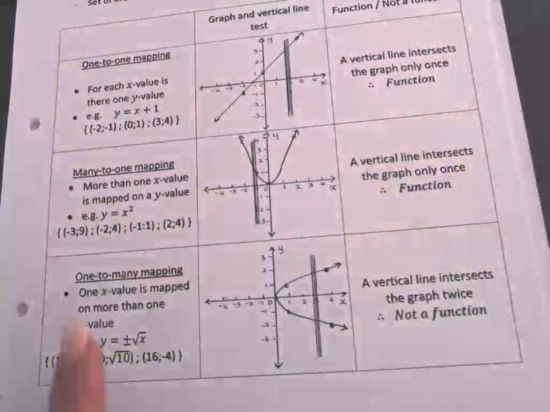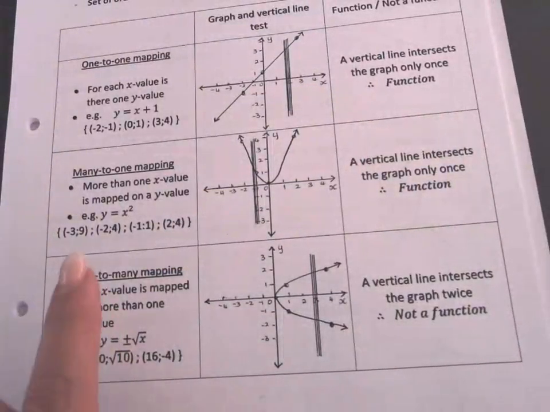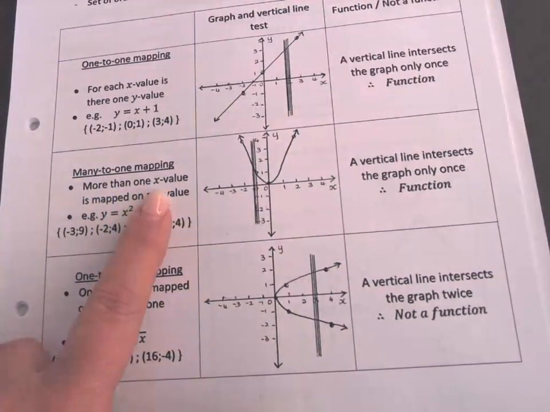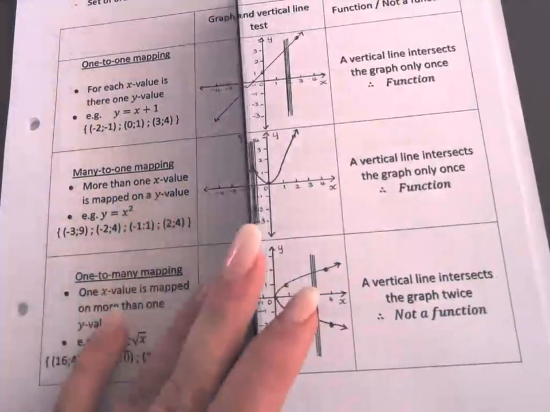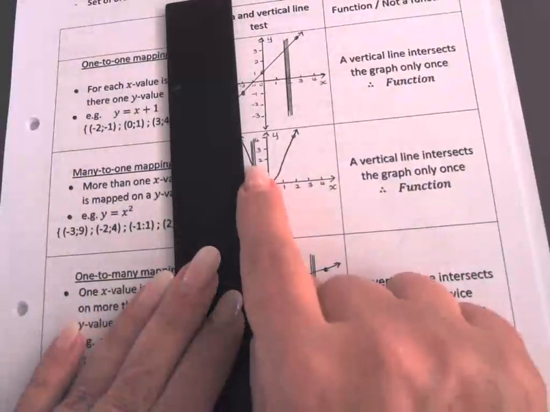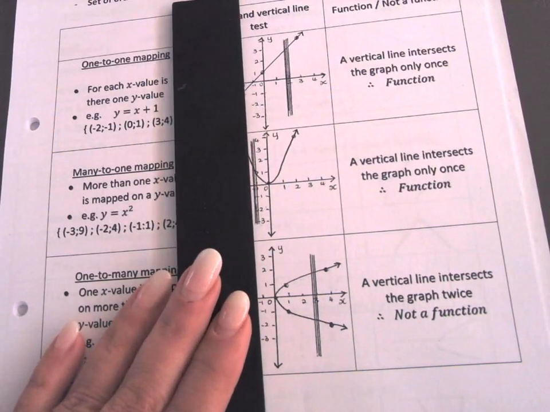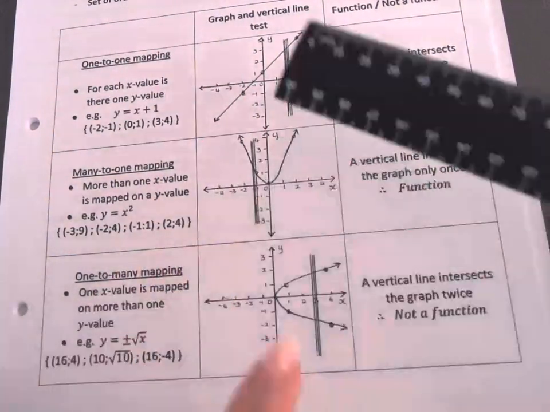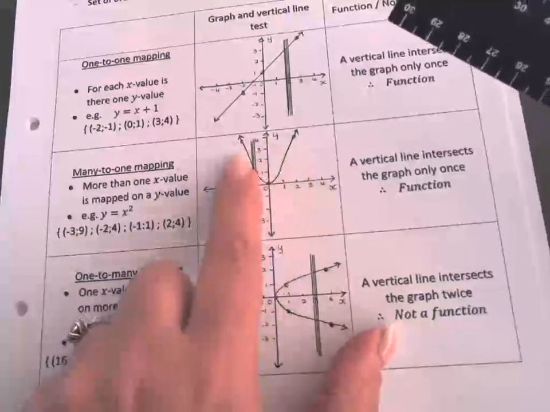But if we have for every one x value, there is one y value, then how does it become the many to one? Okay, many to one means a y value can have two x values.